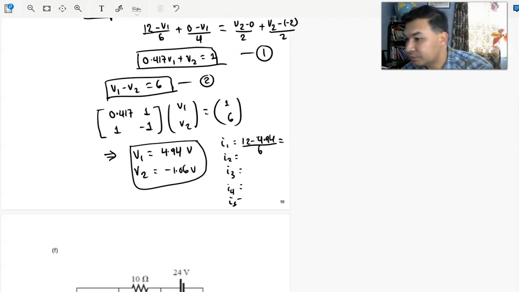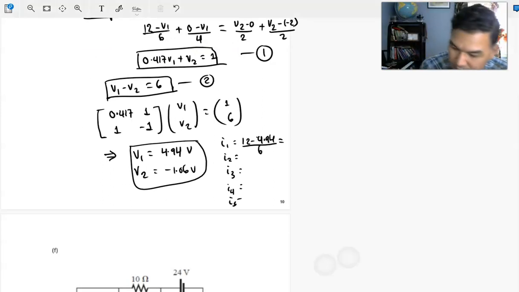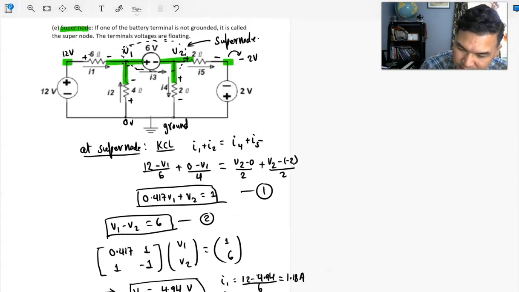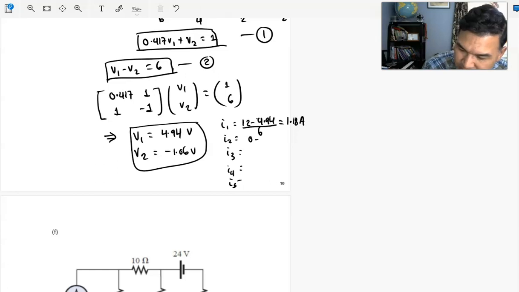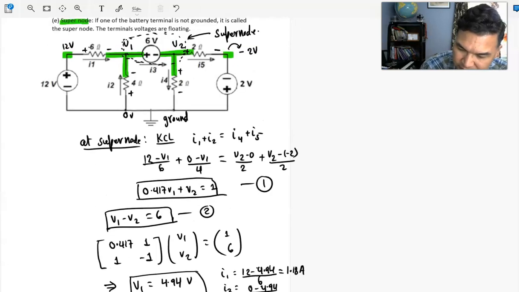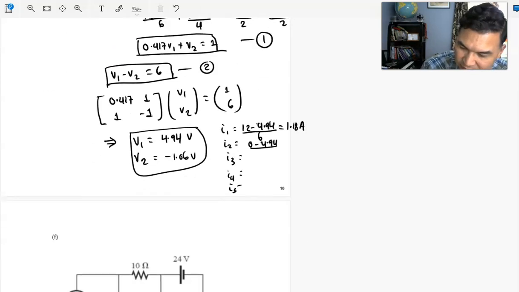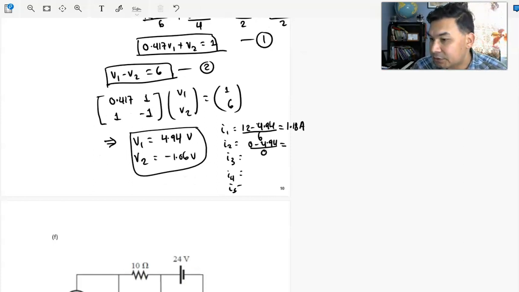And you're going to get I1 as 1.18 amp. What is I2? I2 is 0 minus V1 divided by 4. What is V1? V1 is 4.94, divided by the resistance, which is 4 ohm. So that's what I got: negative 1.235 amp.